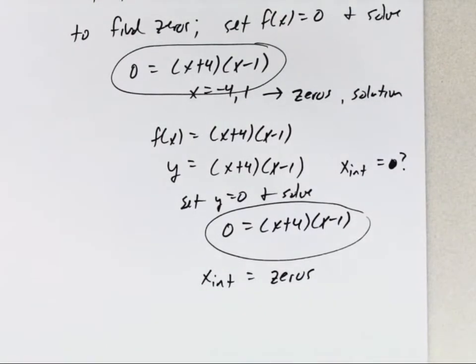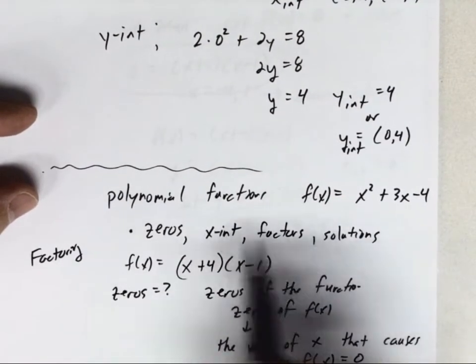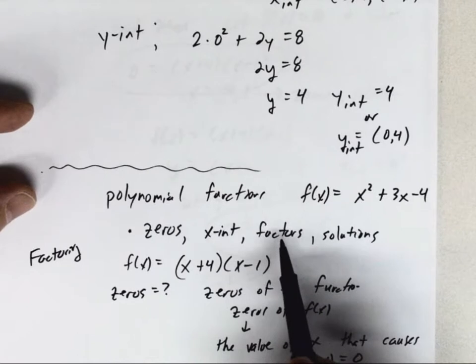It's just a different name. It's like flip sides of the same coin. If you're asked to find the zeros, that's the same thing as finding the x-intercepts. If you're asked to find the x-intercepts, that's the same thing as finding the zeros. So when we look at these 4 words, zeros, x-intercepts, solutions, we've covered 3 of these.